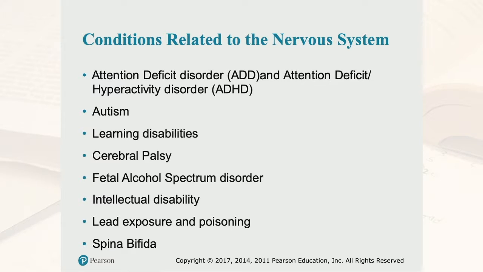Autism, learning disabilities, cerebral palsy, again, fetal alcohol, spina bifida, all these are conditions of the nervous system. There could be some physical looks to the children when it comes to these illnesses as well, ways that they're going to behave.